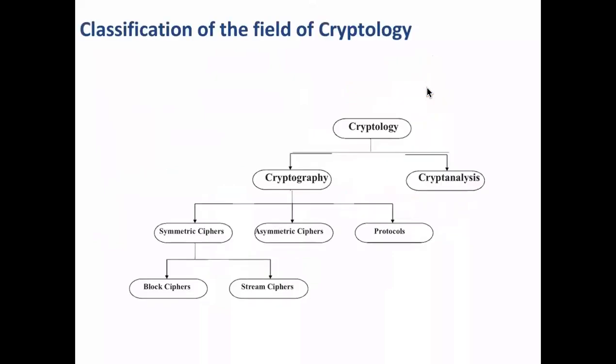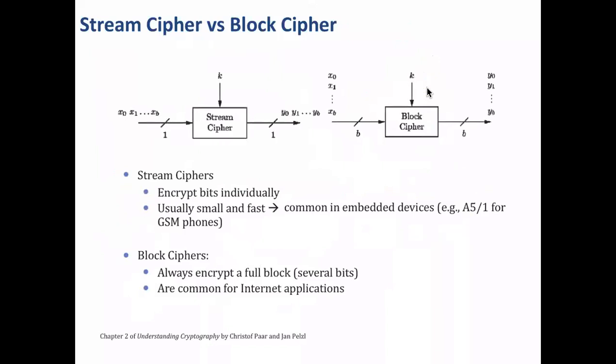So for symmetric type, we have studied block ciphers. The other type is stream ciphers. We'll just look at it for a minute. So we have a stream of bits here, x0, x1, and so on, and then we get output here based on the key.